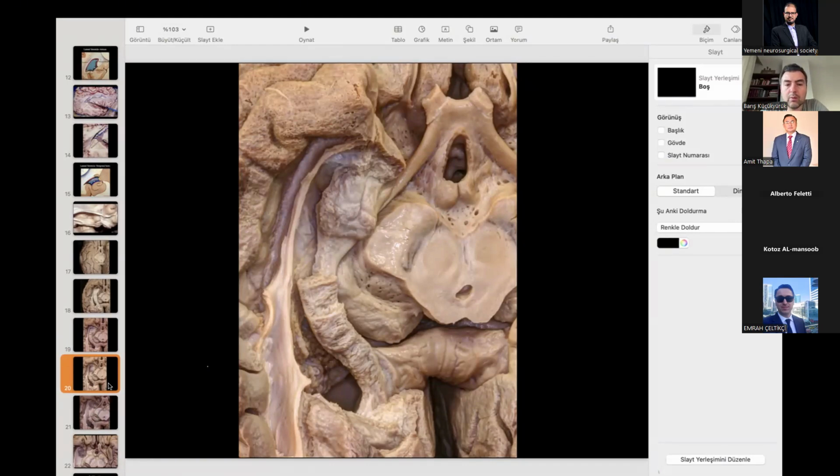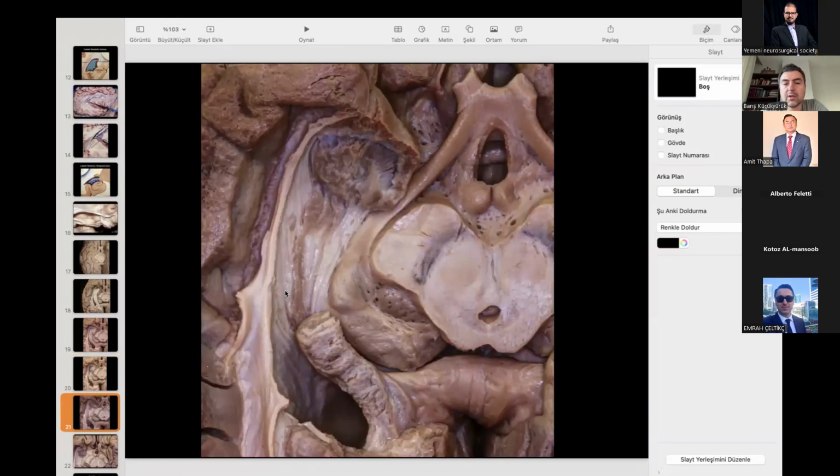When we remove those structures further, we see the roof of the temporal horn formed by several layers of white matter. The most inferior ones are the stria terminalis fibers and the fibers coming from the corpus callosum, called the tapetum fibers. They basically pass through the most posterior part of the body of the corpus callosum, but anterior to the splenium.